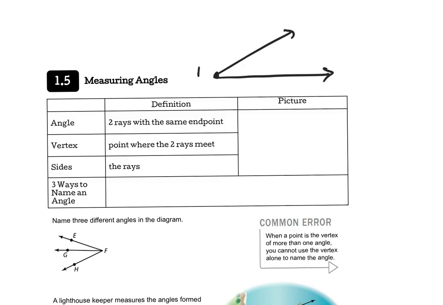So in this case, I might put a B right here. B would be the common endpoint.